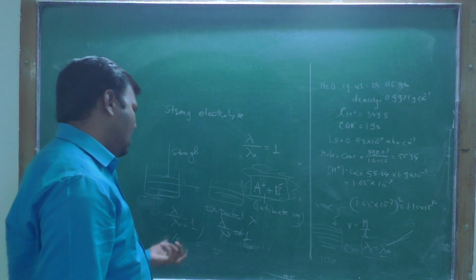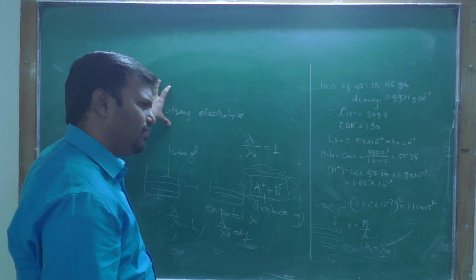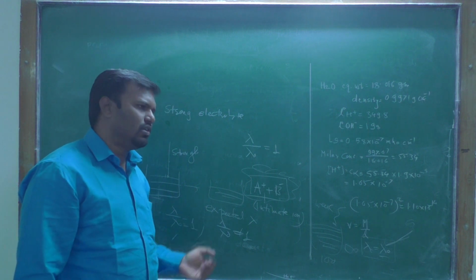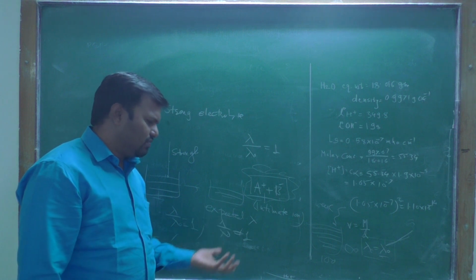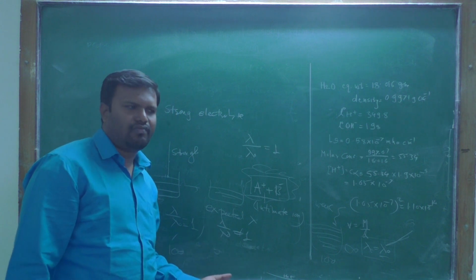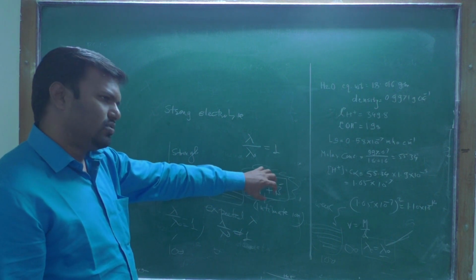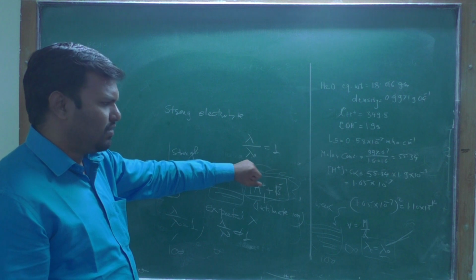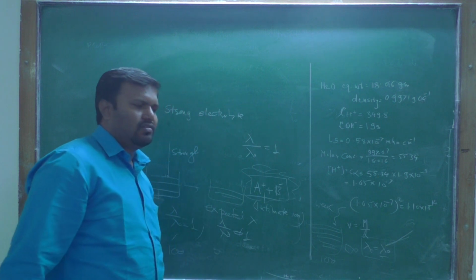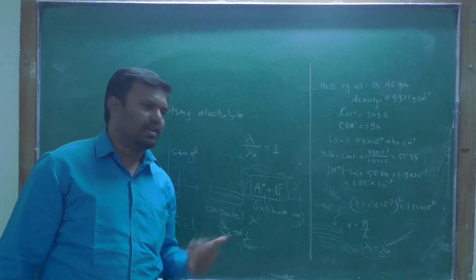Therefore, the relation alpha equal to lambda upon lambda 0 is valid only for a weak electrolyte. For a strong electrolyte, the expected equivalent conductance is not found, because though it is dissociated, it forms intimate ion pairs, and therefore they do not take part in conductance. That is the differentiation between weak electrolyte and strong electrolyte.